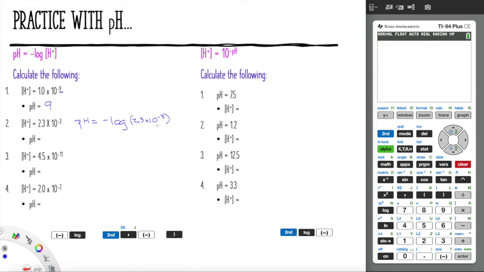All right. So you might be looking at this wondering how to put that into the calculator, and what I've done down here is I've tried to provide you with a list of buttons that you're going to push. So we're going to enter into our calculator negative log, and then we're going to type in this coefficient right here.